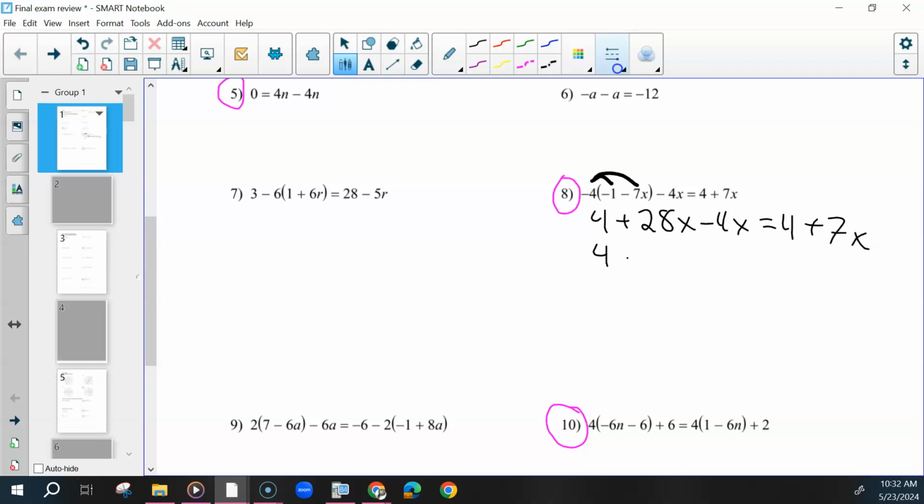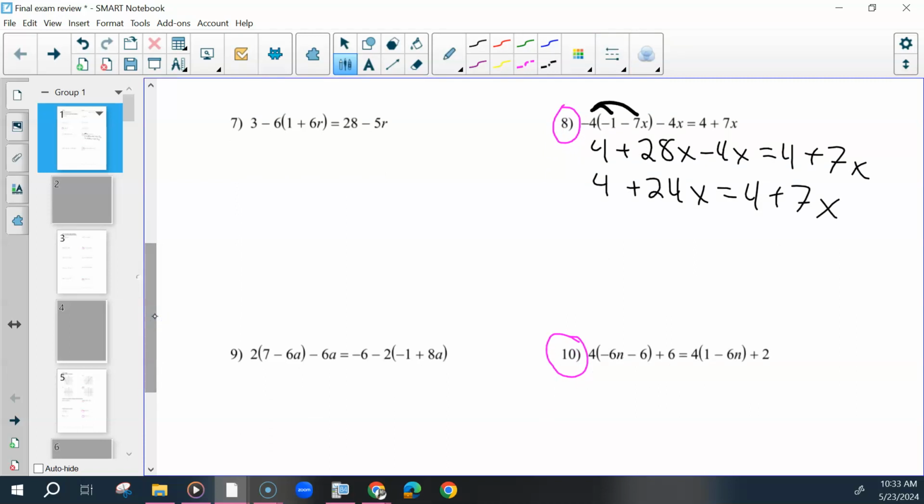Don't do opposite signs. And then you can move your x's to be on the same side and your constants to be on the same side. So let's say I move my constants to the right, and it really doesn't matter.